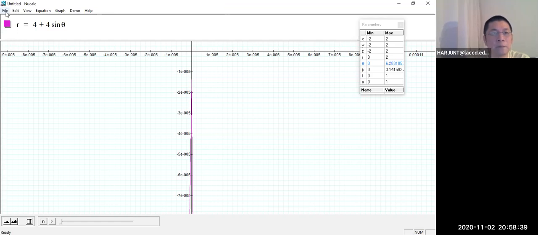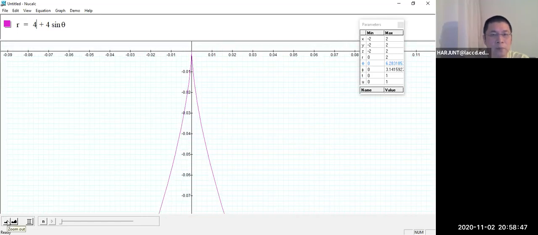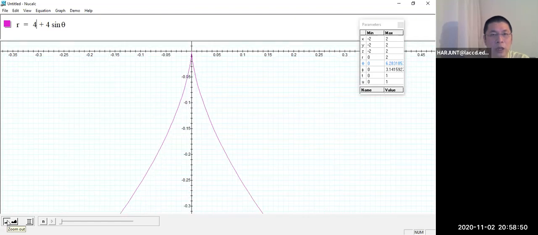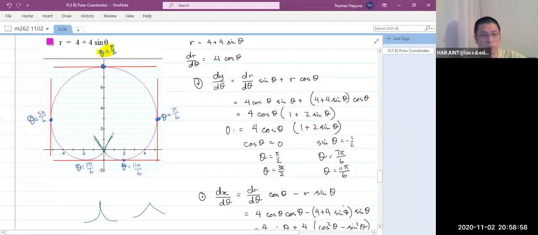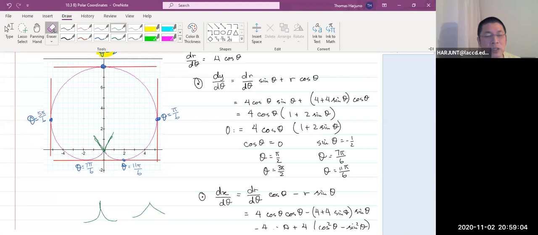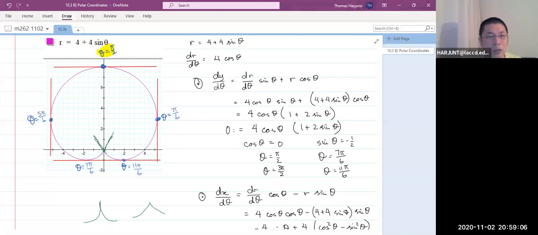Now, this is the way we treat the situation when we get dy d theta and dx d theta equal to 0. So our analysis earlier, based on what we see, we thought that the tangent line from this side will go only this way, and from this side it goes that way, and therefore the limit does not exist, right?